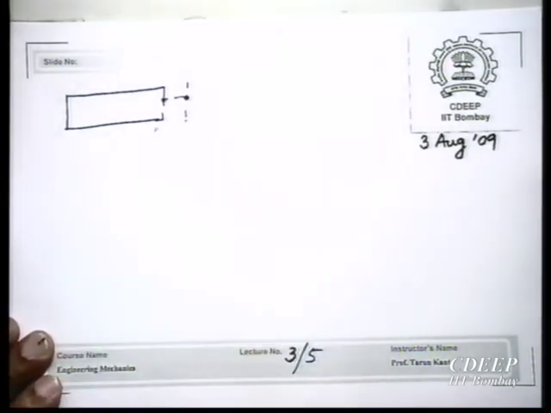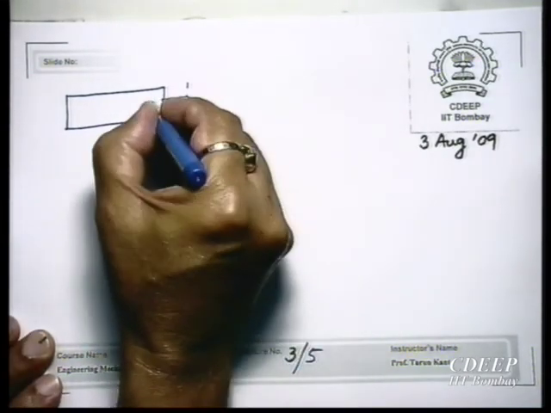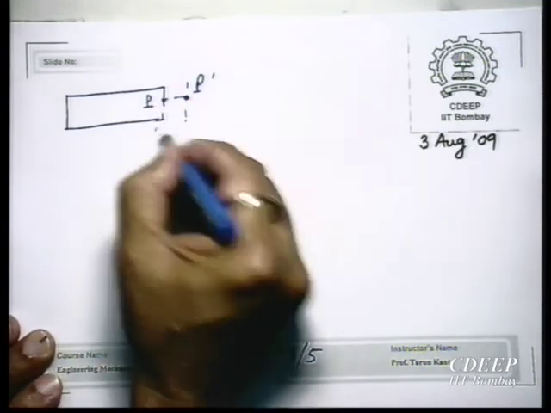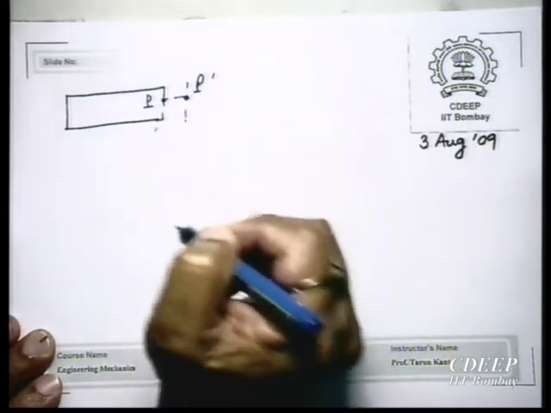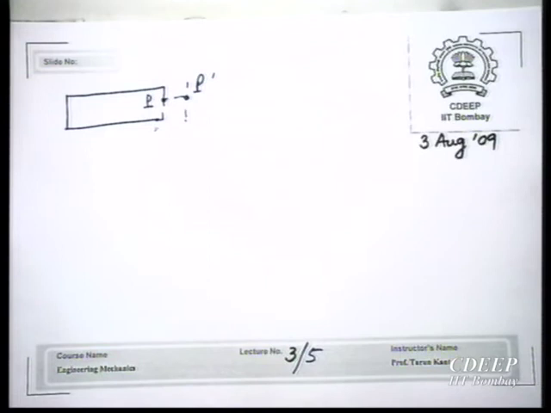So what has happened? See, points P and P dash both will move when the loads are applied, because both are free points inside the body, and both have the tendency to move along the length.